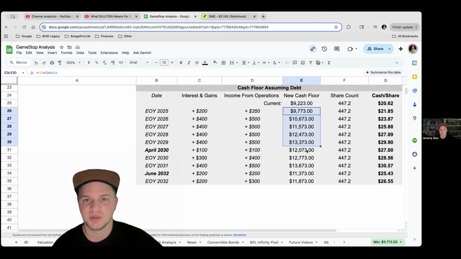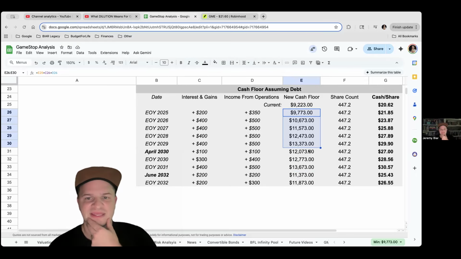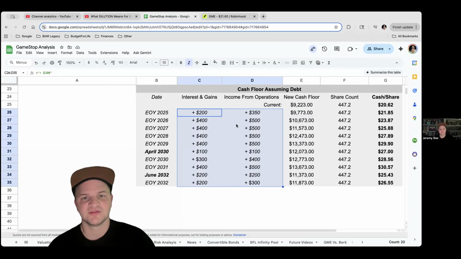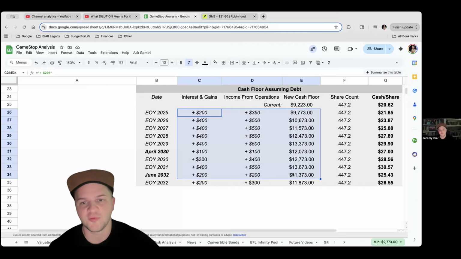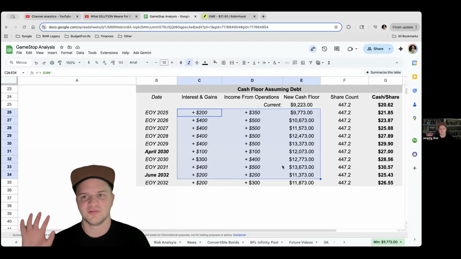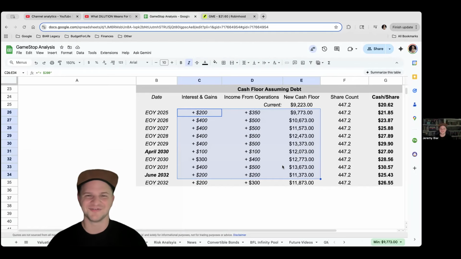4.1 billion in cash plus another 1.7 billion in cash. 5.8 billion in cash raised from interest and income from operations before that 4.2 is due. 5.8 billion greater than 4.2 billion, right?